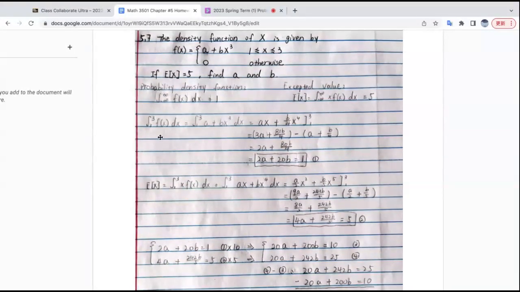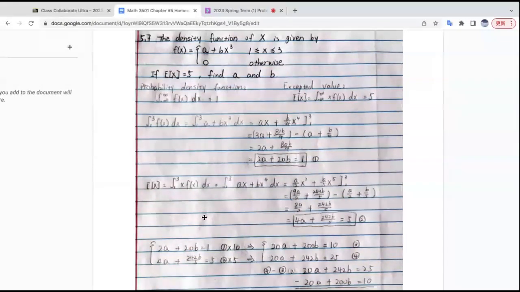First I calculate the integral of f(x) from 1 to 3, which is ax plus b over 4 times x to the power 4. Plug in x equal to 3 minus x equal to 1, and we get 2a plus 20b is equal to 1.